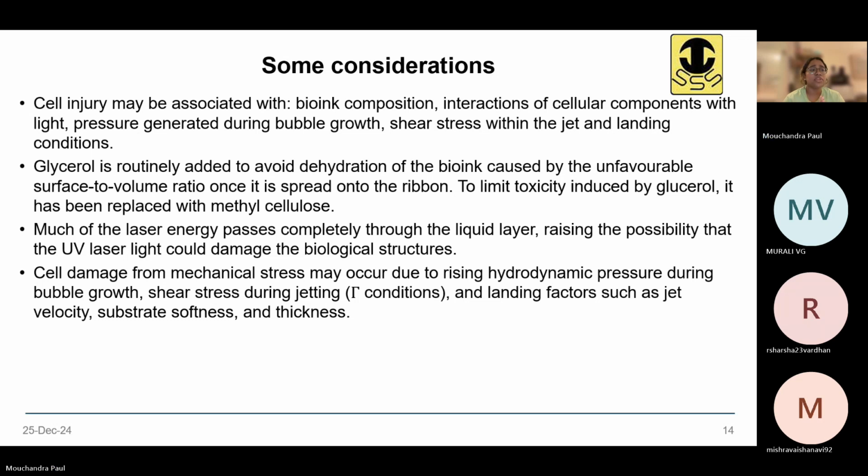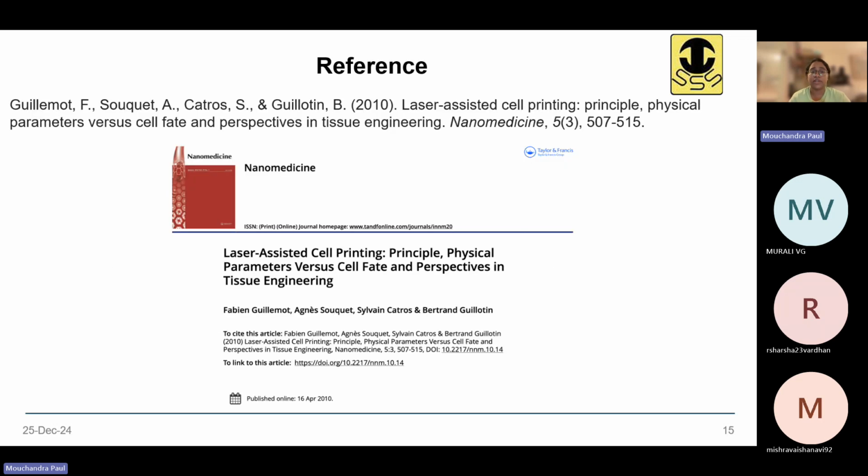Then they show the power of this technique by printing multiple types of cells in different geometrical patterns. This is the review article that I used for discussing the basics of light-assisted bioprinting, or light-assisted cell printing. I'll share the resource with you.